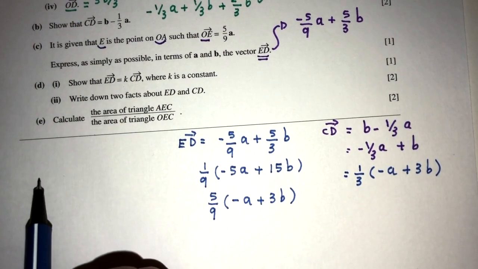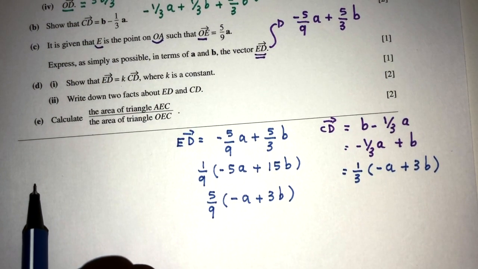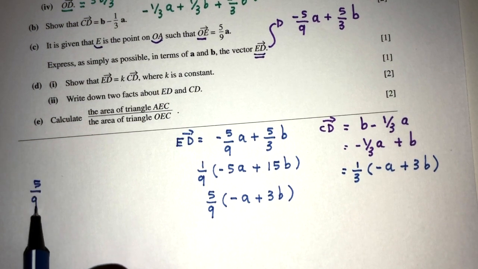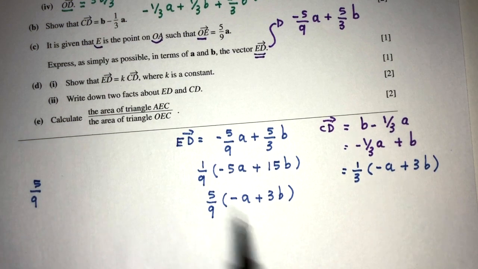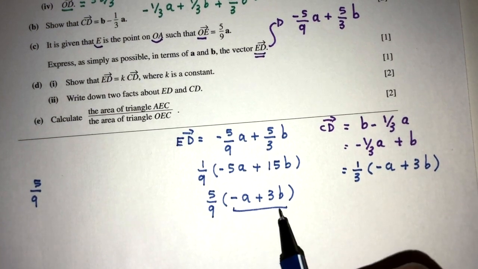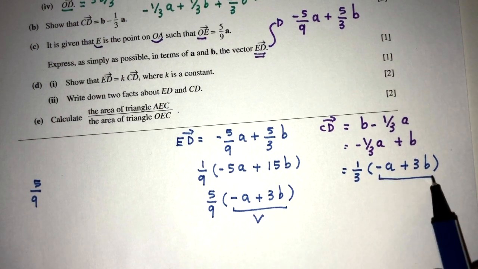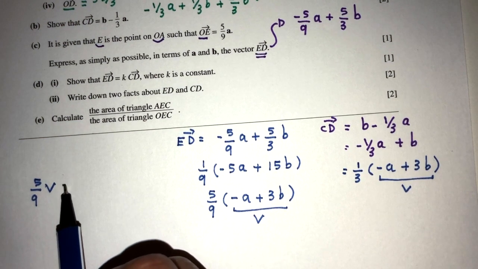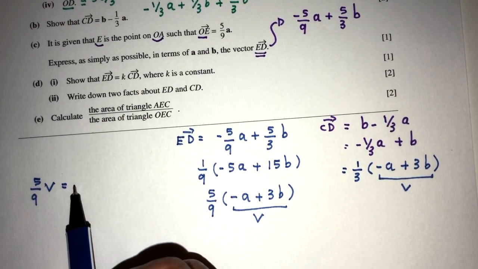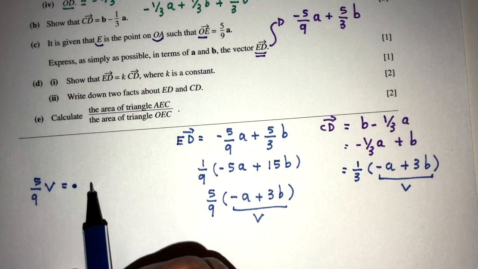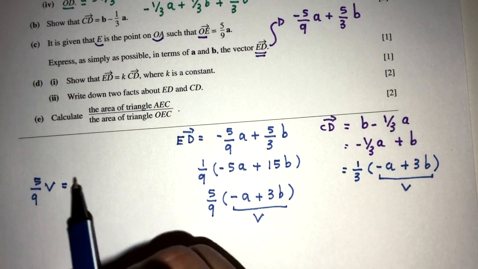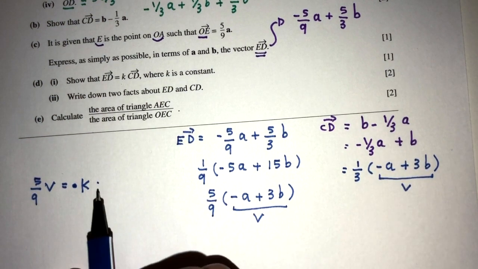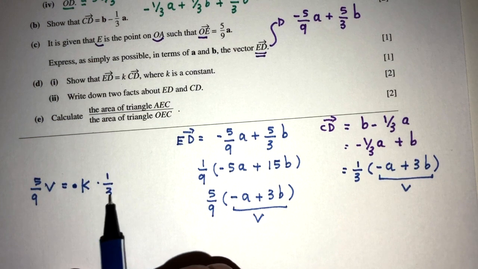So on one side I have ED, which is 5 over 9, and this is simply, because they're the same thing, let's call this V. So V is equal to something, and that will be K, right? K is a something, and CD is this one, which is 1 over 3V.